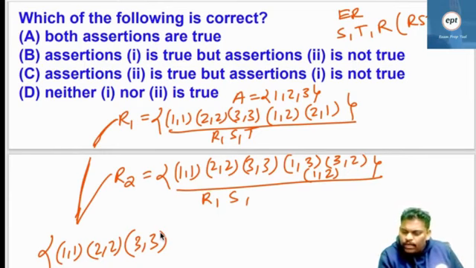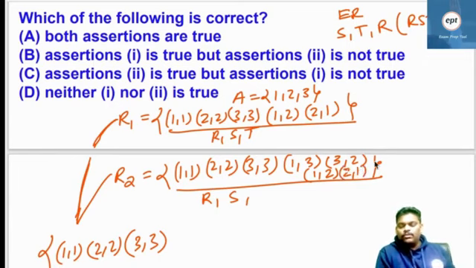Someone is saying 2, 1 is required. Let's check 2, 1. How 2, 1? Someone is saying that in R2, 2, 1 is required. How? See, 1, 3, 3, 2. So 1, 2, and its reverse is 2, 1. Of course, right?